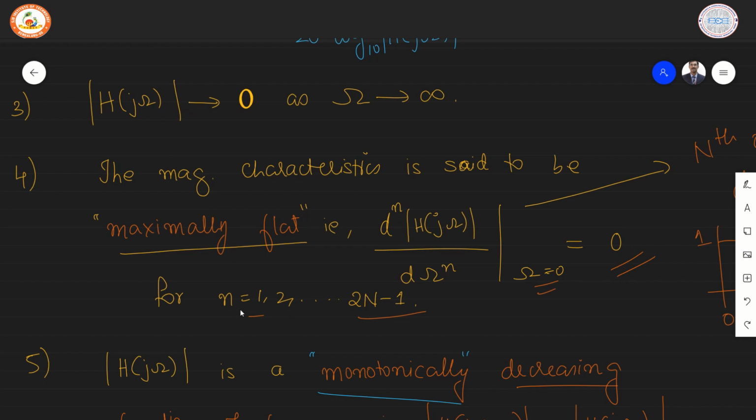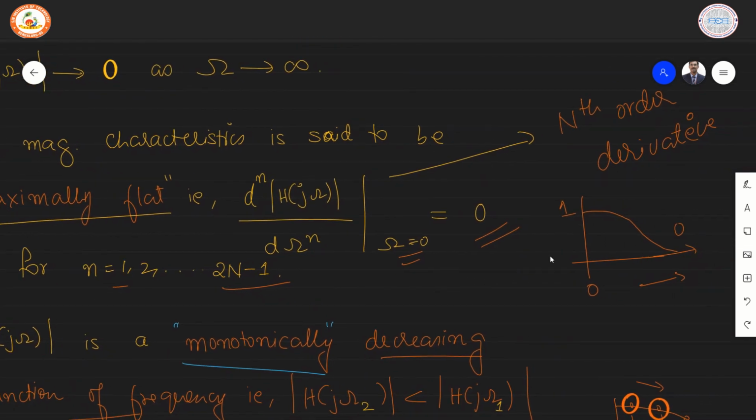And this is applicable for all values of n, which ranges from 1 till 2n minus 1. The implication of this maximally flat is that we will not have any sort of ripples anywhere in the Butterworth response. In other words, the Butterworth response is said to be maximally flat. It is said to be smooth in both passband and stopband.